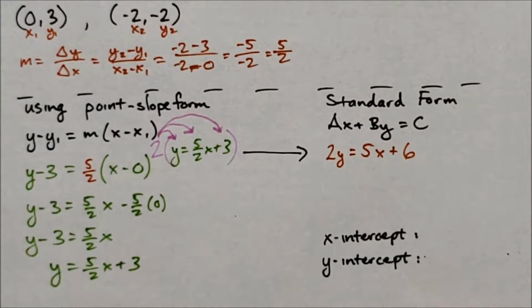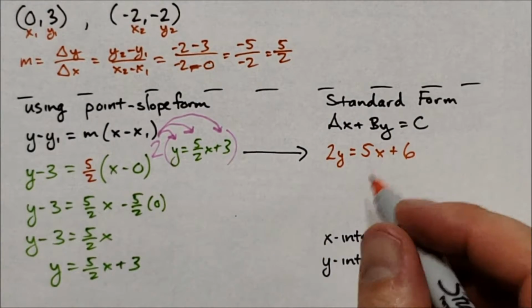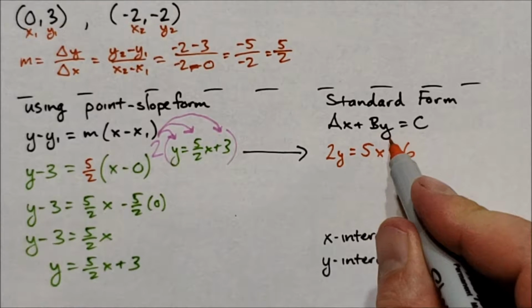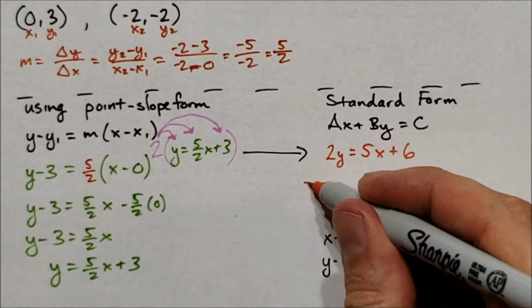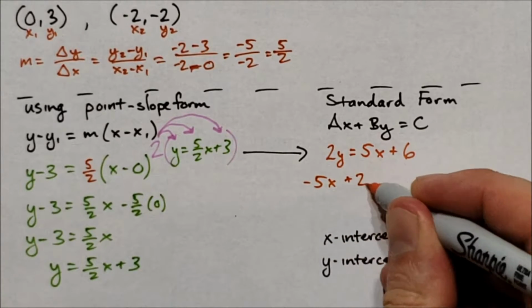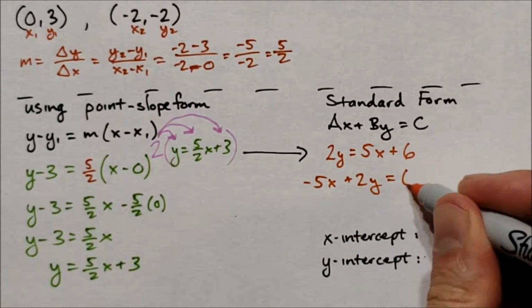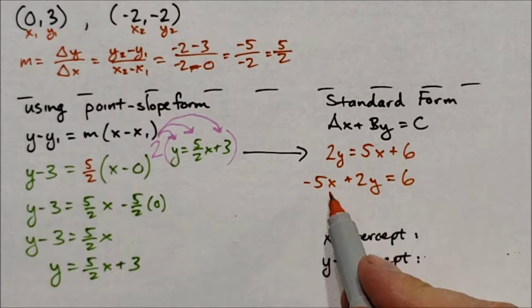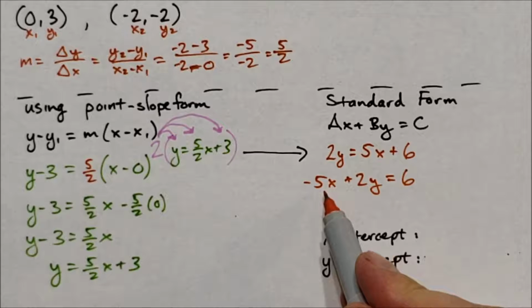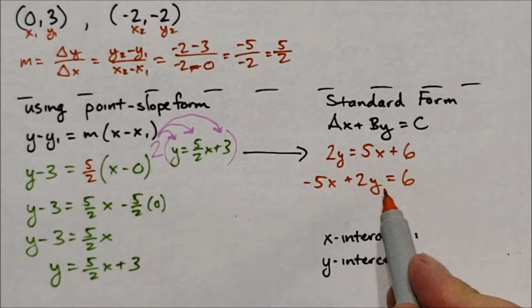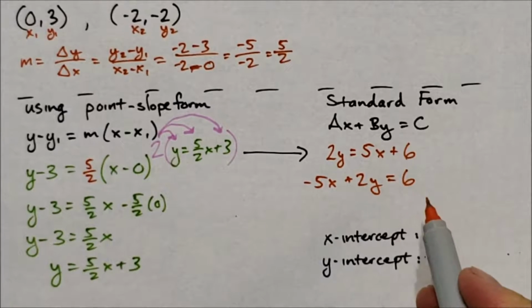Not quite yet in the form. We need to subtract the 5x over to the other side, so we'll have -5x plus 2y equals 6. This is in standard form. We have integer coefficients, and it is -5x plus 2y equals our constant term 6.